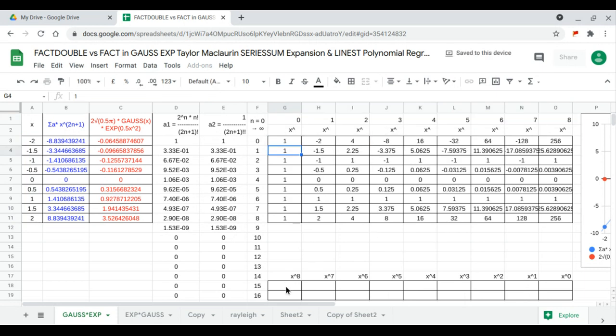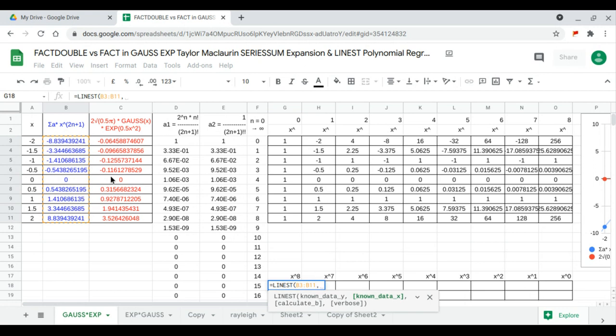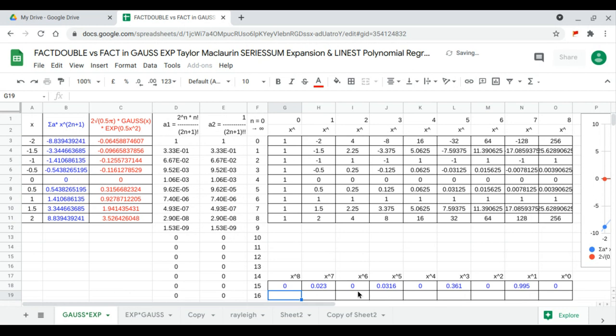And we use LINEST to calculate the polynomial regression coefficient. LINEST data y and data x. Then enter. Likewise, the function itself. So LINEST data y and data x.